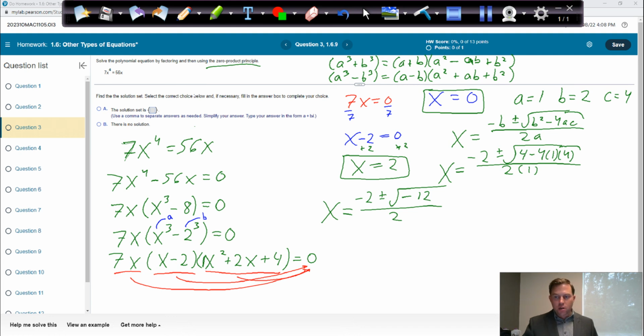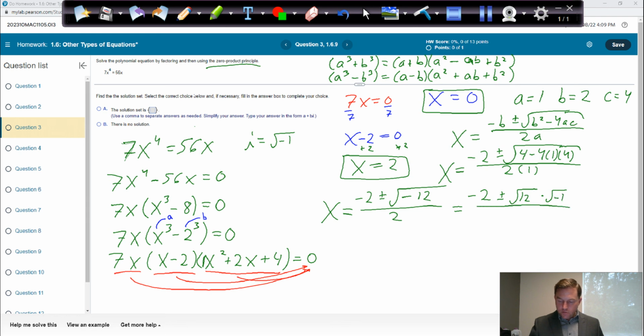Also good that we're showing this problem because I didn't talk about what you do with the square root of a negative in this class. So to get rid of this negative, we introduce an imaginary number called i. So i is equal to the square root of minus 1. So we're basically going to change that square root of minus 12 into the square root of 12 times the square root of minus 1.